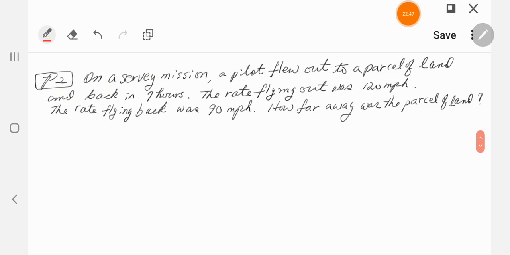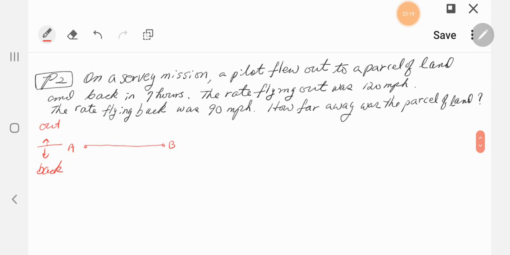This problem 2 is similar to the example. So here is location A and location B. Let's say this top part is when you go out, and the bottom is when you return. A pilot flew out to a parcel of land, location B, and then came back.